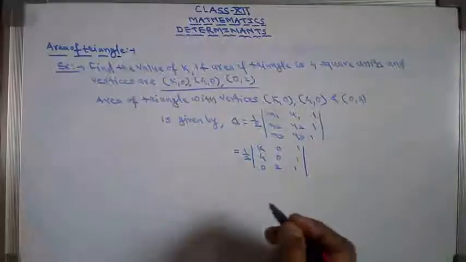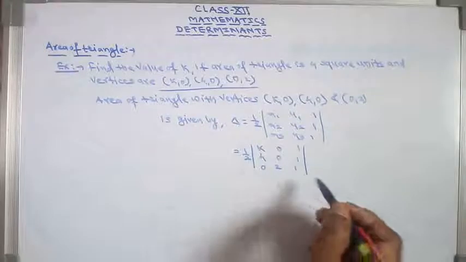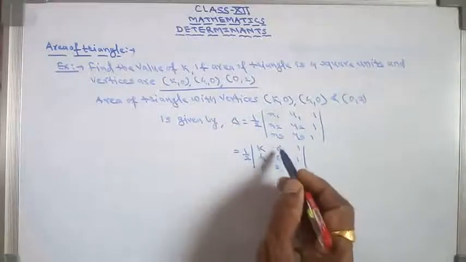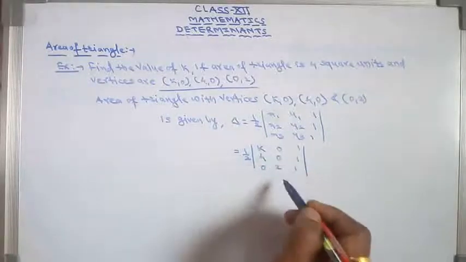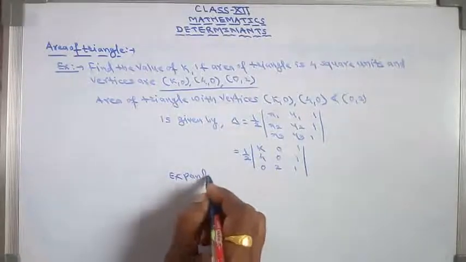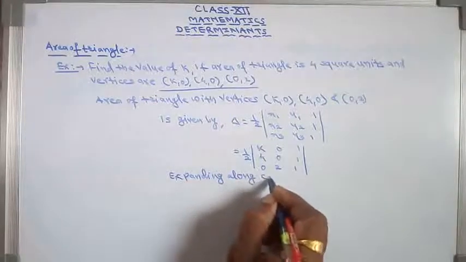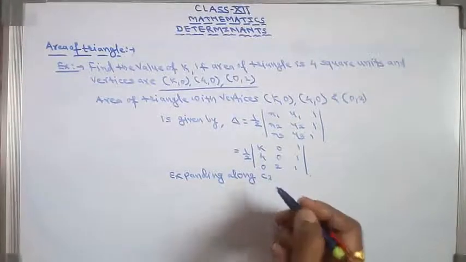Expanding with the elements of the second column, because here I am getting 0, 0, so I am expanding this determinant along C2.